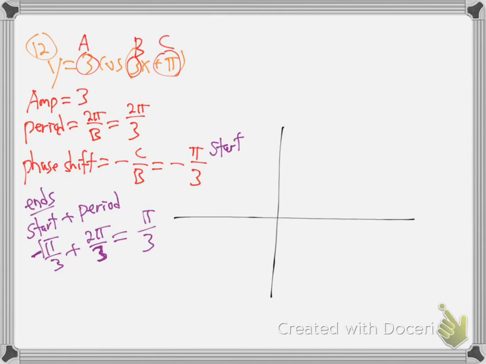Okay, so let's go to the graph then. So the graph is going to start. I'm not giving enough room here. Move this over here. Start. Okay, so it's going to start at negative pi over 3 and end at positive pi over 3.